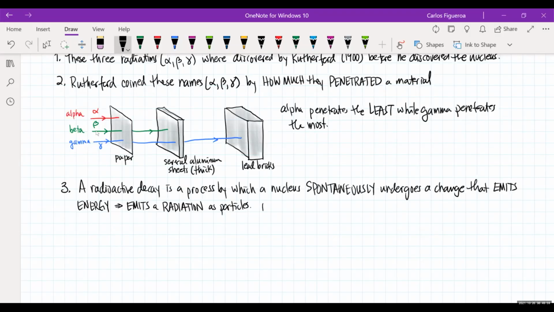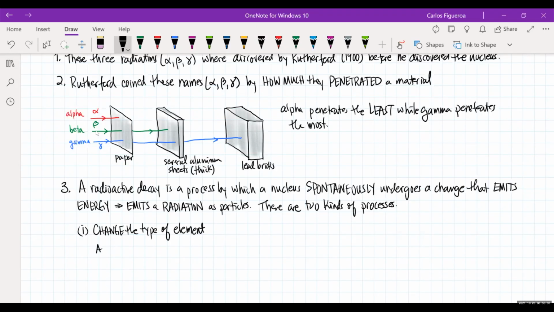And it turns out that there are two kinds of processes. The first process is that you literally change the type of element. You literally change the type of element.